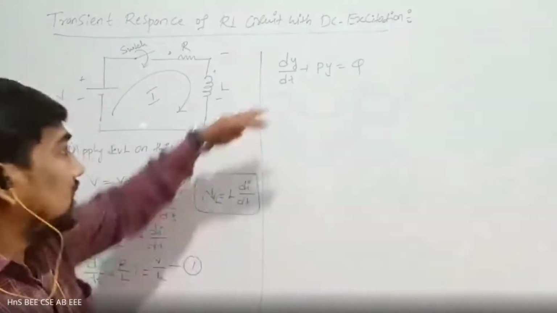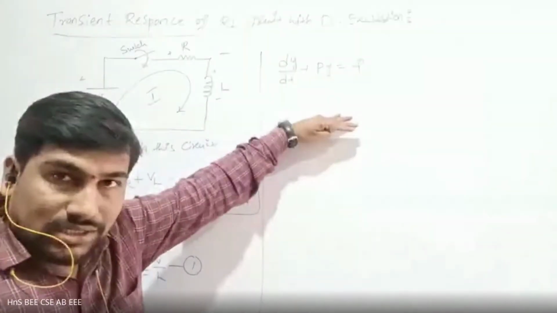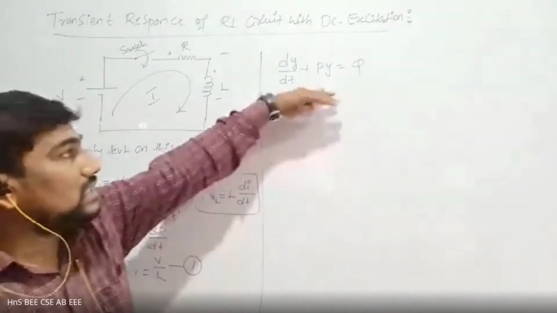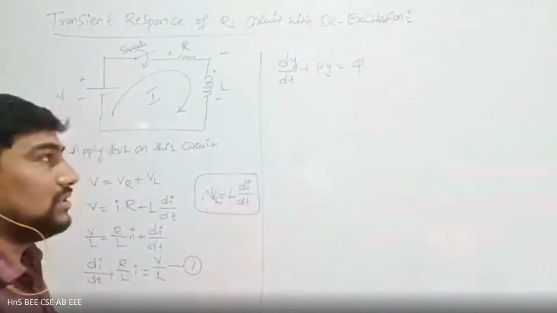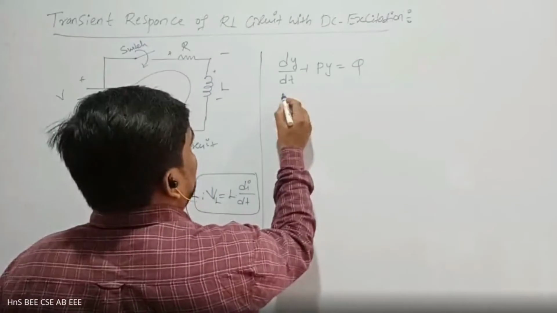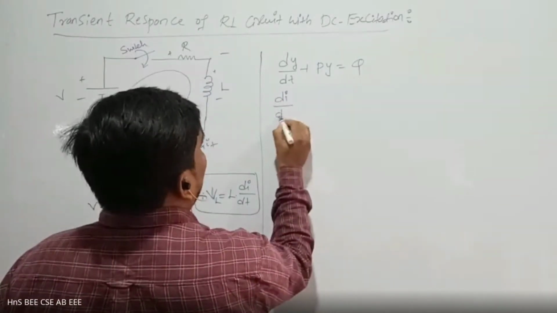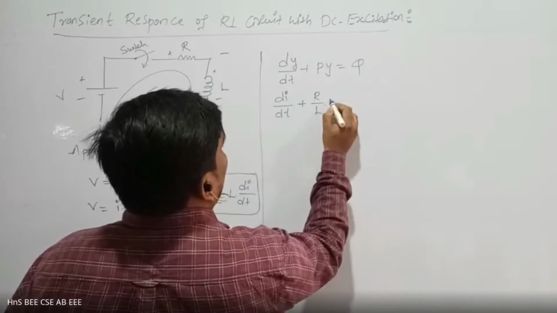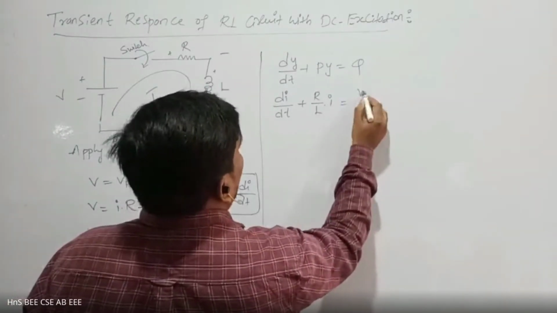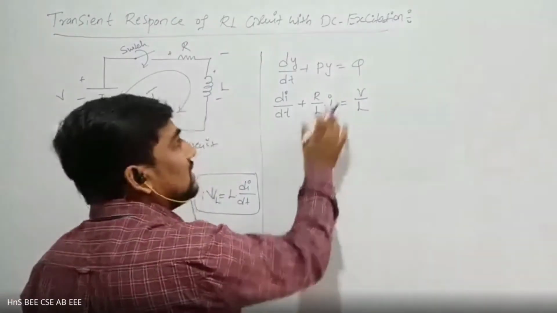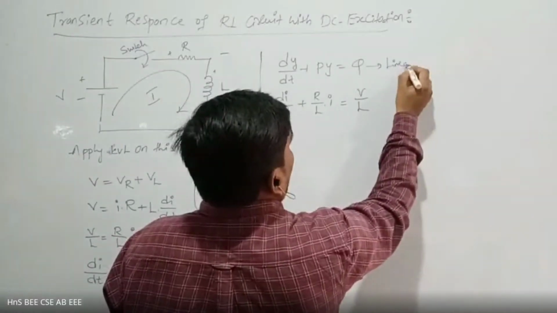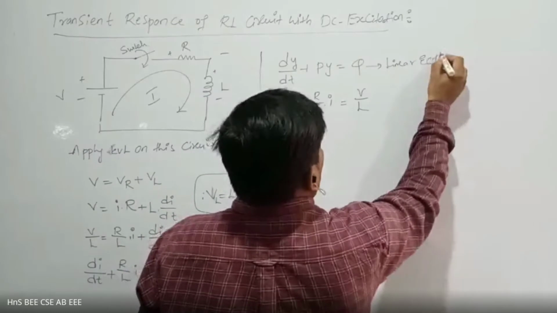Now compare the general form with our equation, which is di by dt plus R by L into I equals V by L.